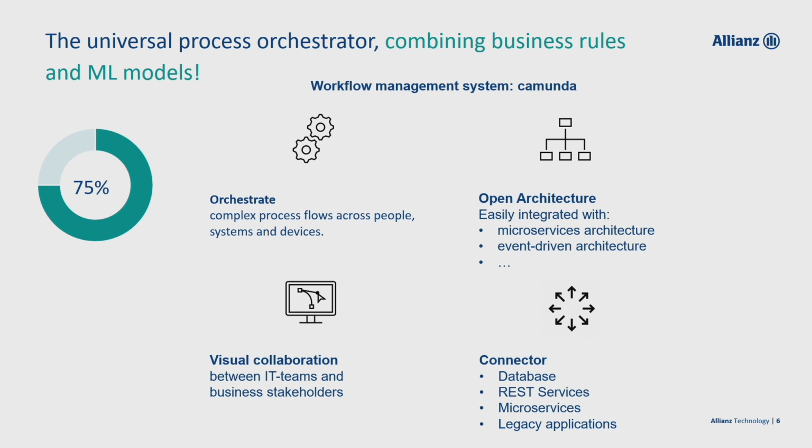It has an open architecture, easily integrated with microservices architecture and event-driven architecture. It also makes visual collaboration between IT teams and business stakeholders easier. It has very powerful connectors. You can connect basically everything into the workflow, including your database, your REST services, your microservices, even legacy applications.